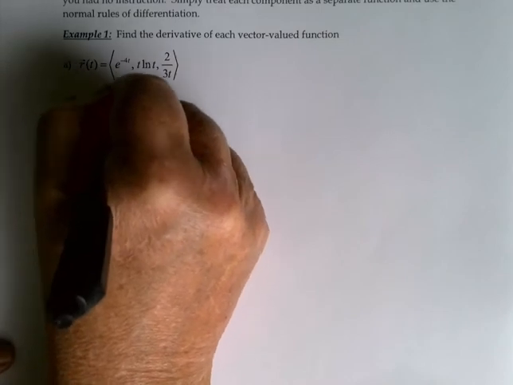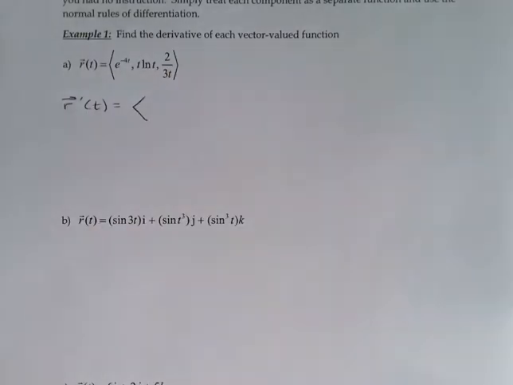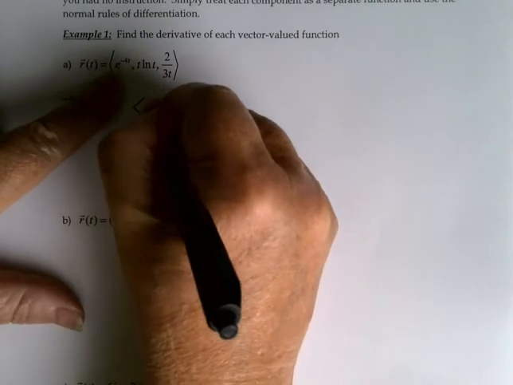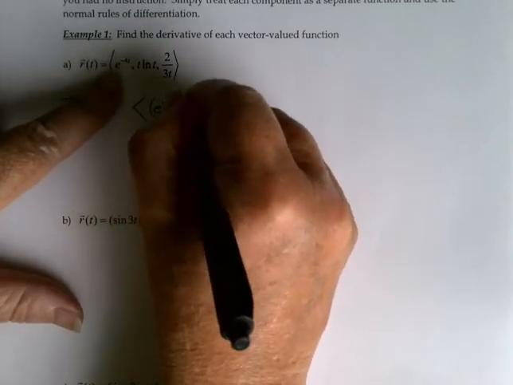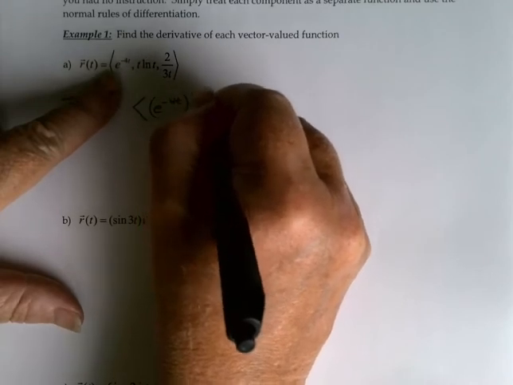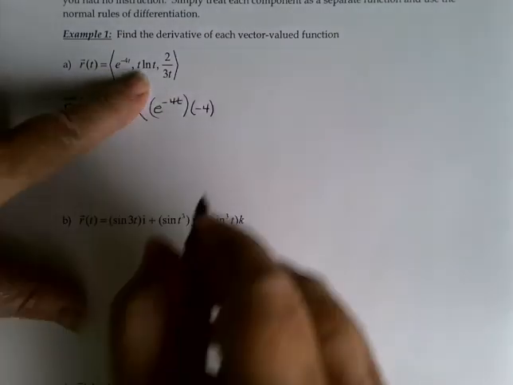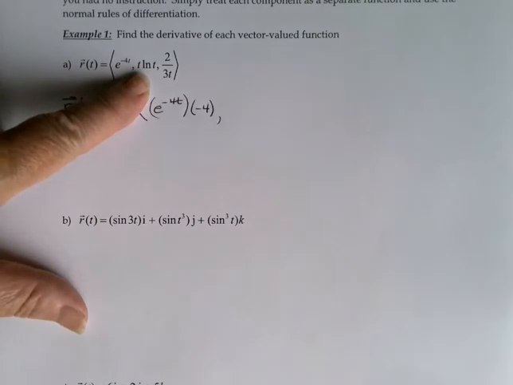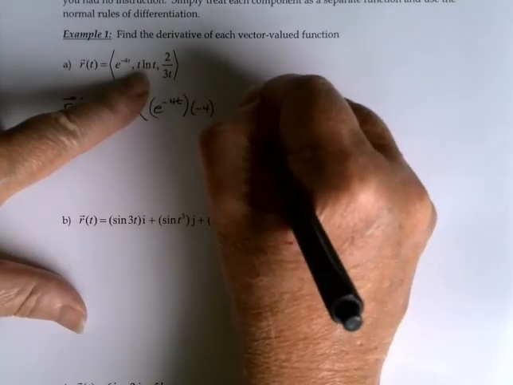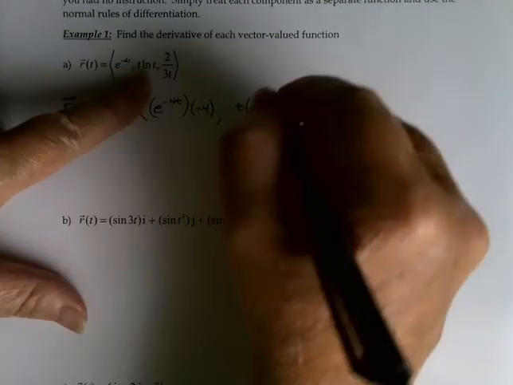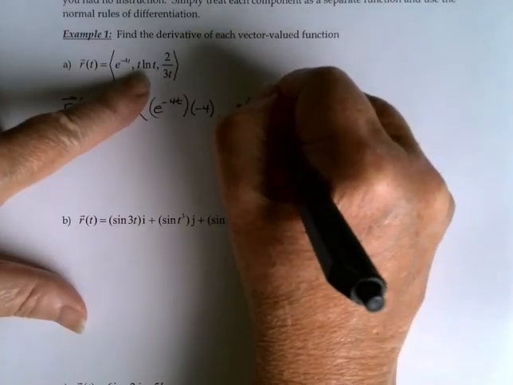then r prime of t is simply going to be e to the negative 4t, and chain rule would give me times negative 4 there. Second component looks like I need a product rule, so I'll have the first, t, times the derivative of the second.